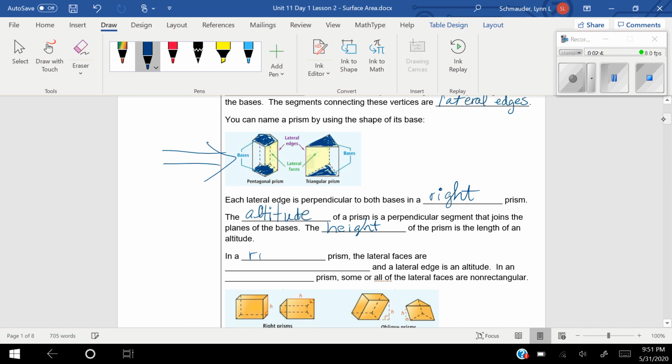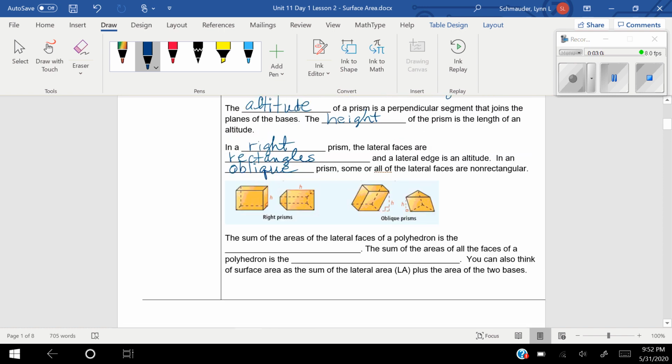Okay, in a right prism, the lateral faces are always going to be rectangles, and a lateral edge will be an altitude as long as it's a right prism. In an oblique prism, some or all the lateral faces are non-rectangular.